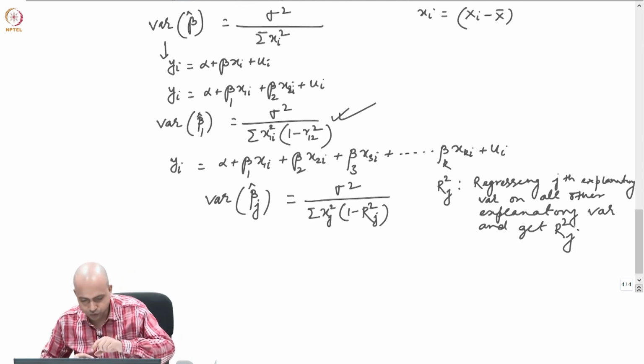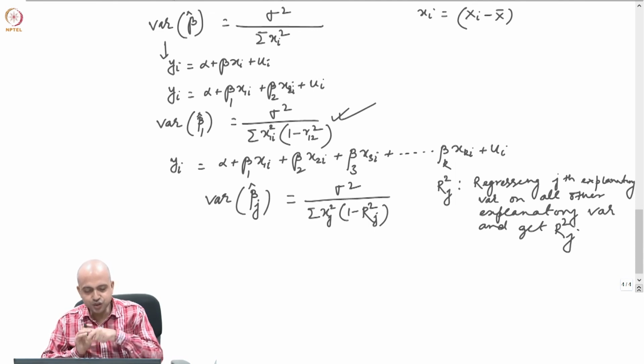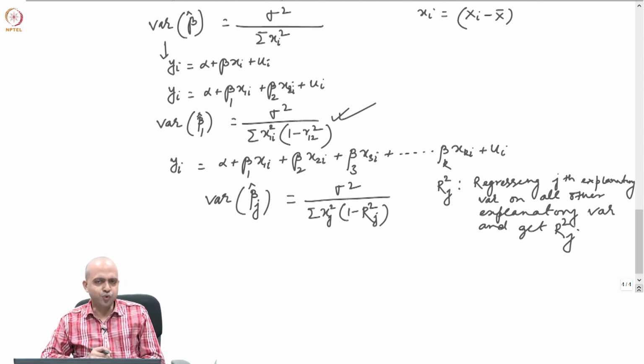Is this clear? So, when you have a multiple regression model, then this R square j is nothing but the R square you get by regressing the jth explanatory variable on all other explanatory variables. And why am I regressing this? Because this regression basically shows if other explanatory variables can explain a significant portion of the variation in xj, that basically shows that all other variables are highly correlated with the jth explanatory variable, quite simple.